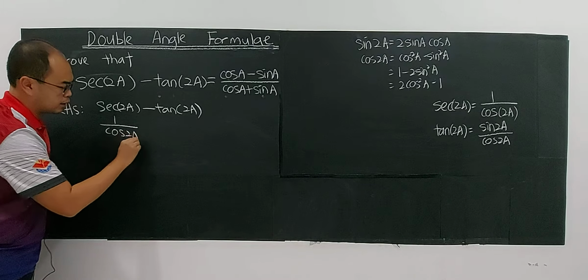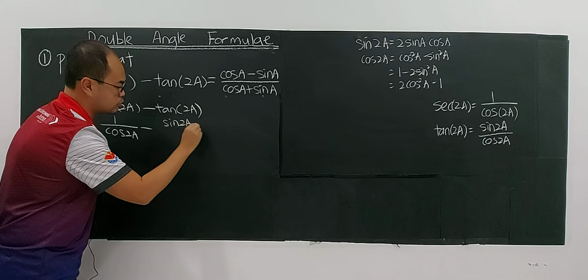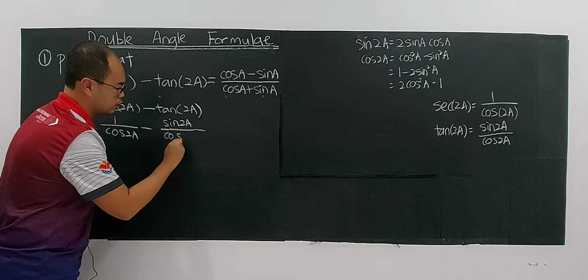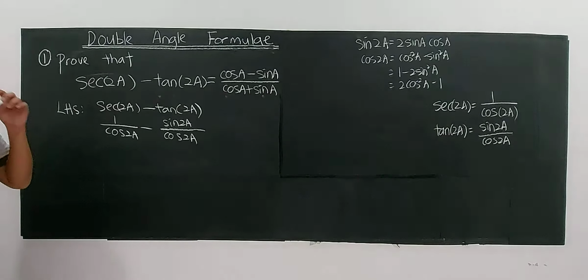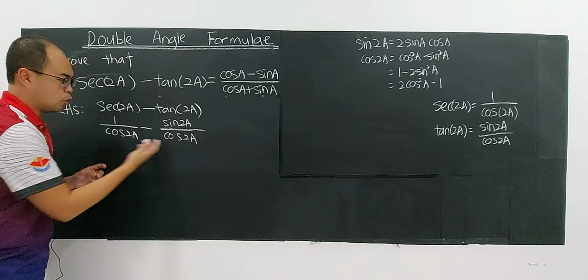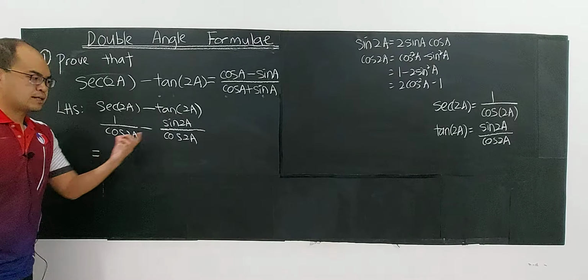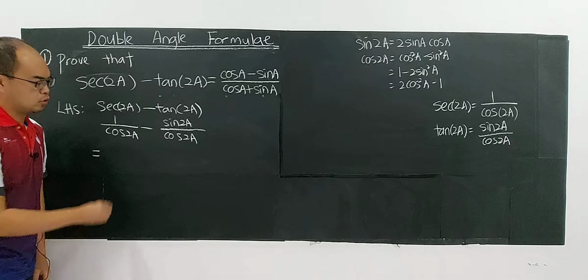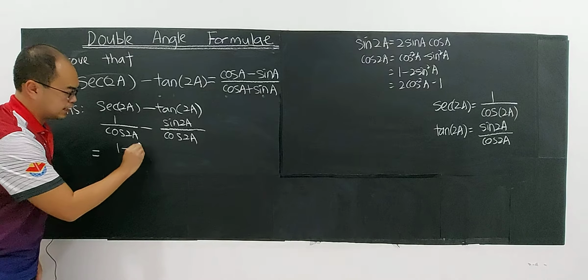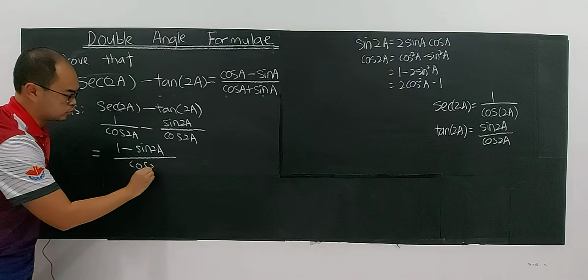This will be sine 2A over cos 2A. So luckily the denominator is of the same term, right? These two are the same. So 1 minus sine 2A divided by cos 2A.